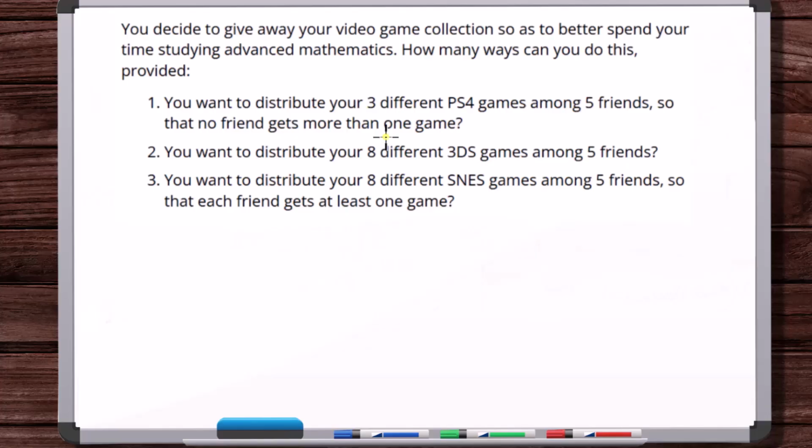Okay, so for this first case, we've got these 3 indistinguishable objects and these 5 friends that are kind of indistinguishable as well. But there's no repetition here because you can't just keep picking games and friends. So what we've got is these 3 games, let's say, and these 5 friends.